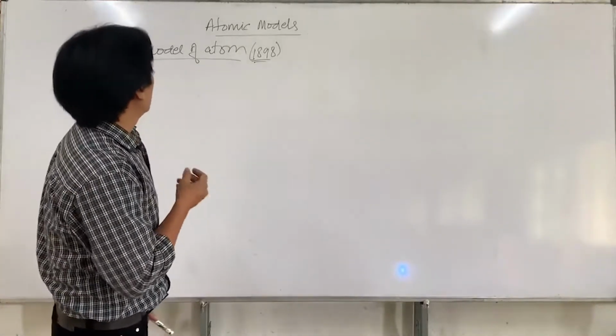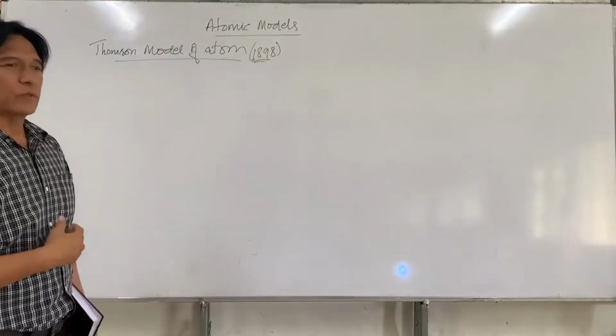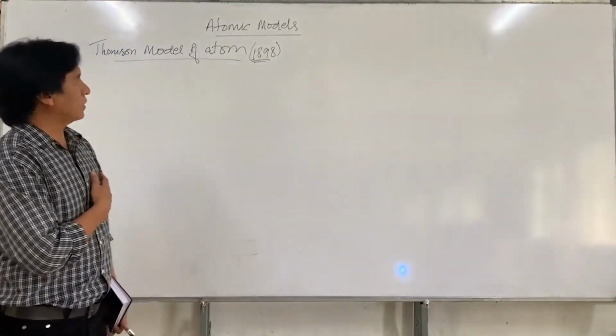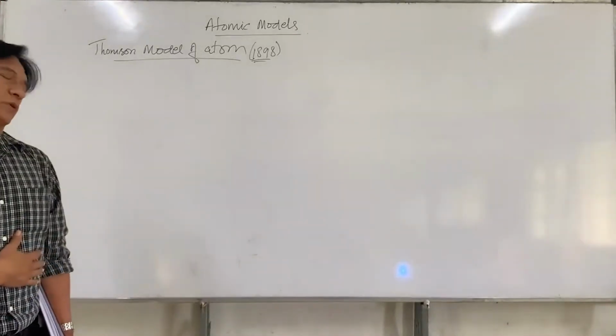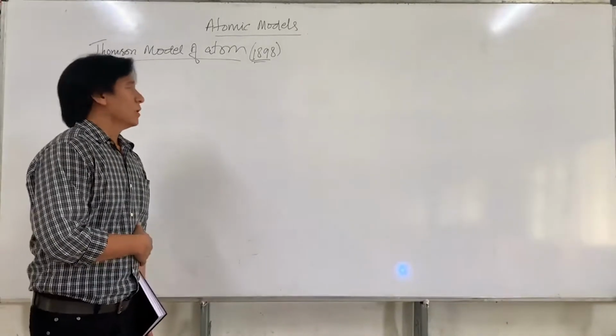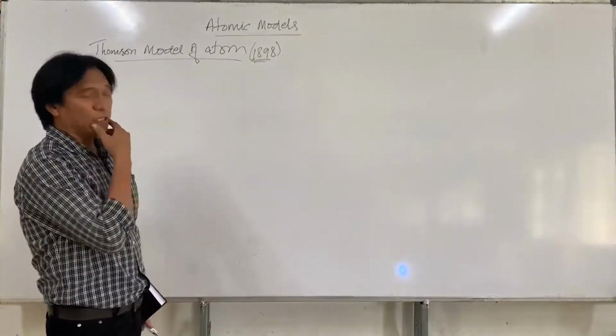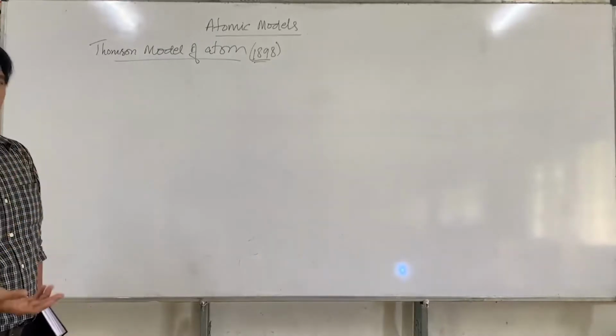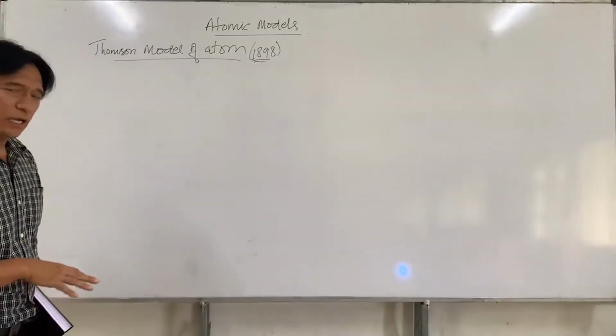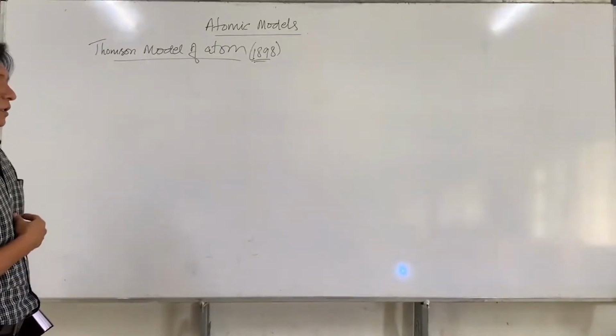So now you'll see that we are first going to take up what is known as the Thomson model of atom. It was sometime towards the end of the 19th century. So this J.J. Thomson came up with this model of an atom.